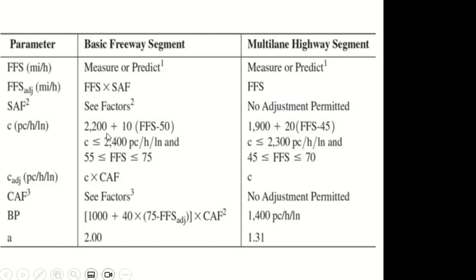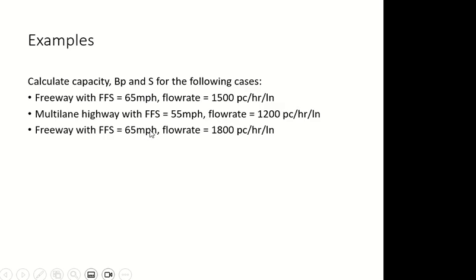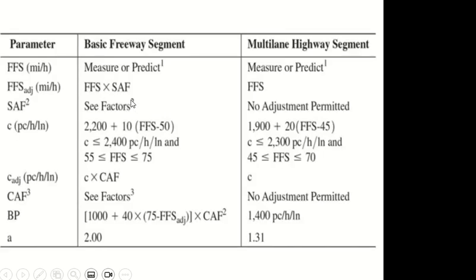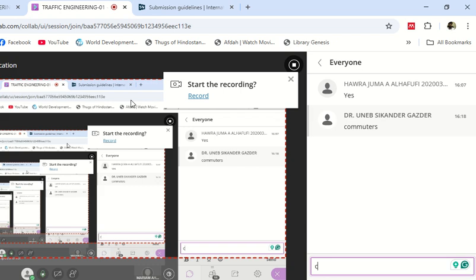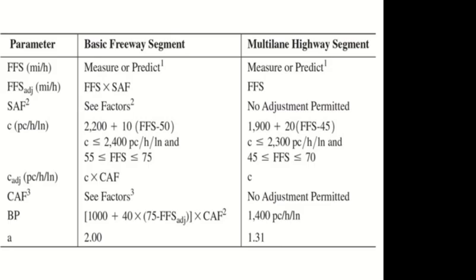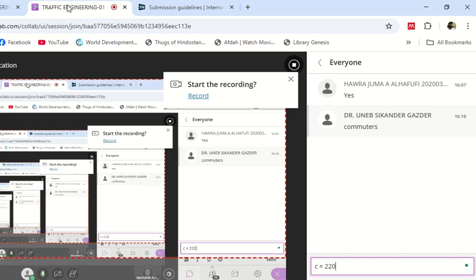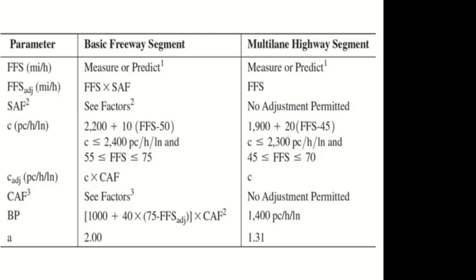The equation for capacity is this. I need free flow speed, which is 65. So capacity is, as per the equation, 2200 plus 10 into 65 minus 50. This will give you capacity. Then you need breakpoint. Breakpoint is this one.